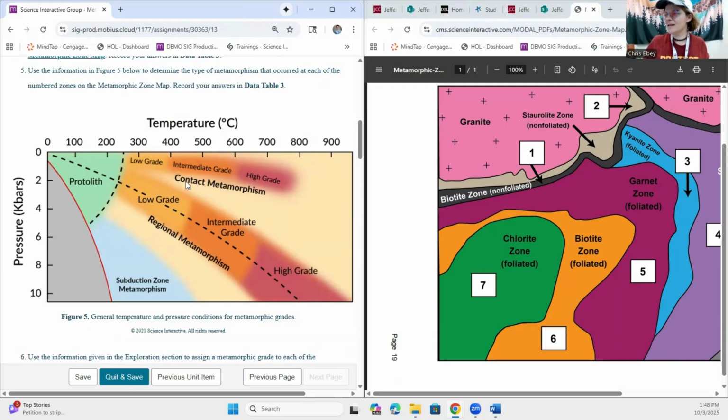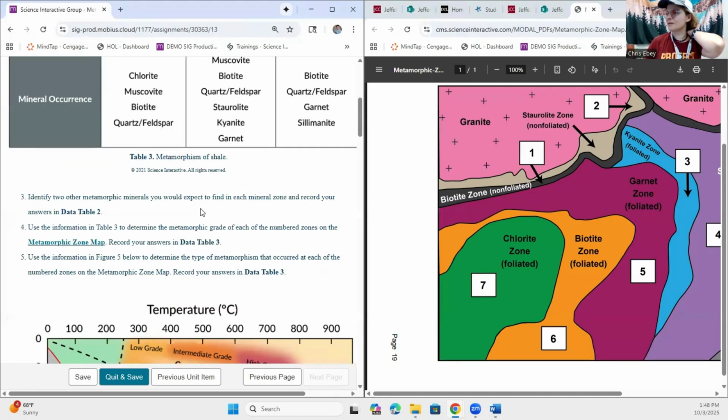Then we go back up here and it says contact metamorphism or regional metamorphism. And that has to do with the general temperature and pressure that we're going to see. I don't see how they expect you to be able to interpret this. And apparently there's a ton of stuff going on outside my office right now.